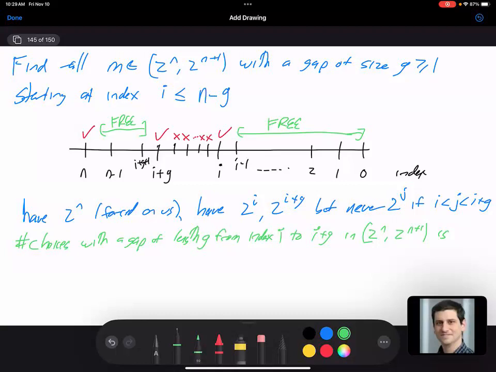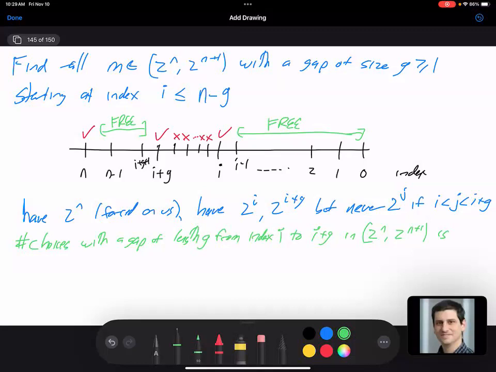So I need to just count how many legal binary expansions are there where I choose I, I choose I plus g, and I don't choose anything between I and I plus g, and I choose n. Those 3 indices I have to choose. I can't choose any index between I and I plus g. And then all the other indices I'm free to choose or not choose. And I just need to count how many ways can I do this. And that will be all of the integers in the interval 2 to the n plus 1 that have a gap of length g that starts at I.